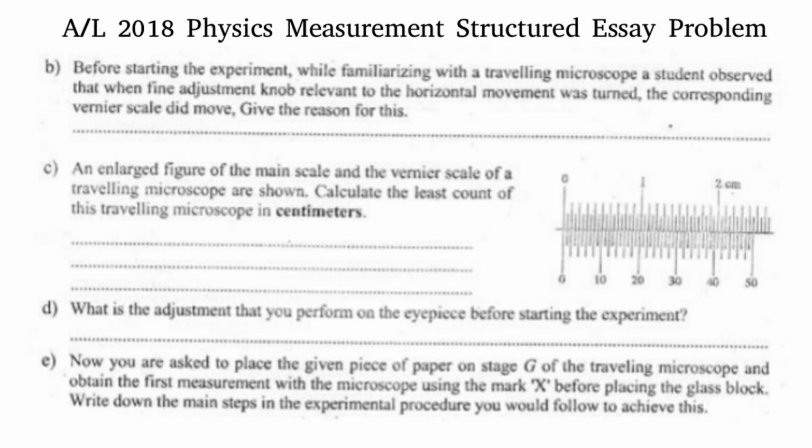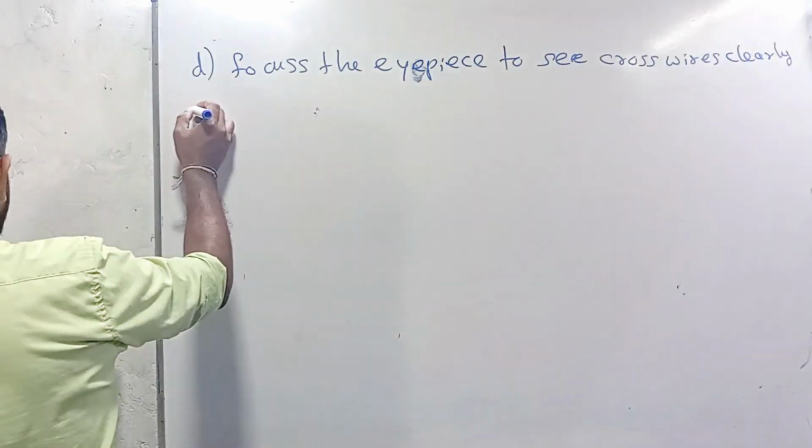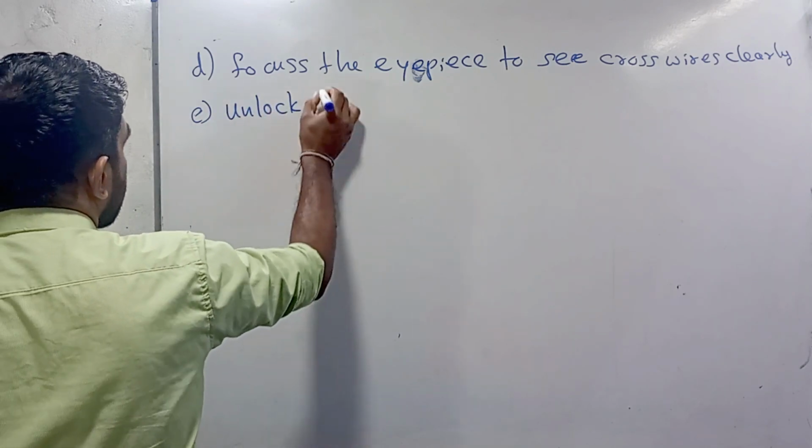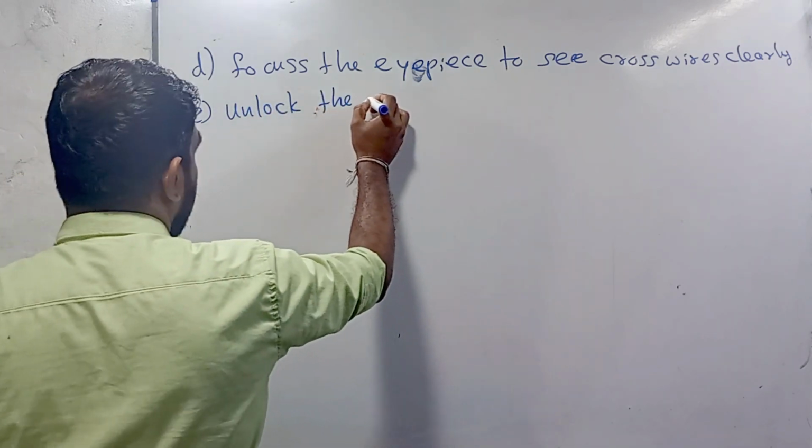Then part E, now you are asked to place the given piece of paper on the stage G of the traveling microscope and obtain the first measurement with the microscope using the mark X before placing the glass block. Write down the main steps in the experimental procedure you would follow to achieve this. First of all, we have to unlock the microscope.